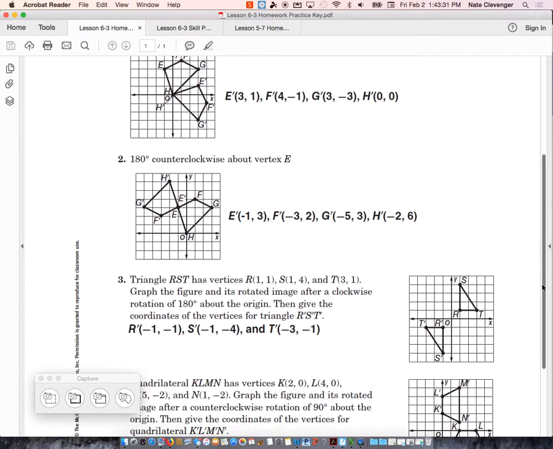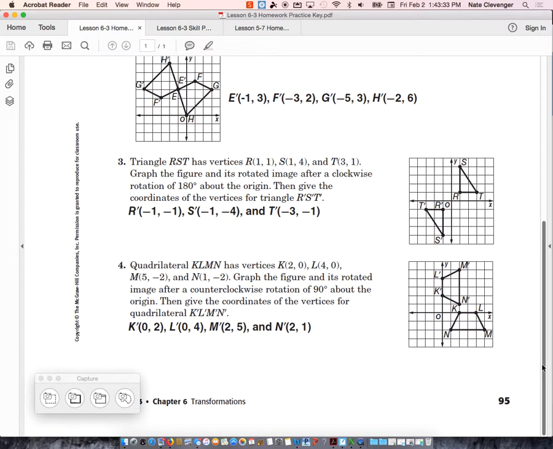Number 3. You have the two images again. Then R prime is -1, -1. S prime is -1, -4. And T prime is -3, -1.